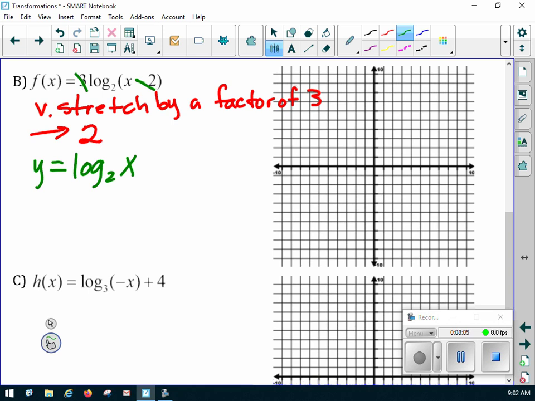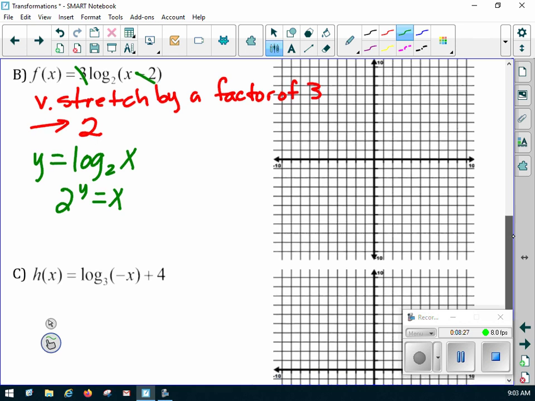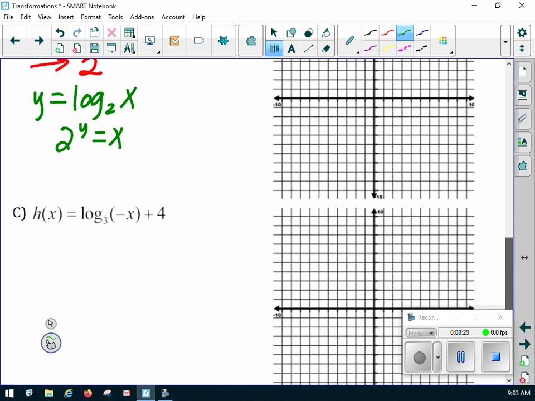Now let's rewrite that as an exponential, just a rewrite. 2 to the y equals x. Remember, just a rewrite. So every single one you're going to rewrite it? That's the other way to graph a log.